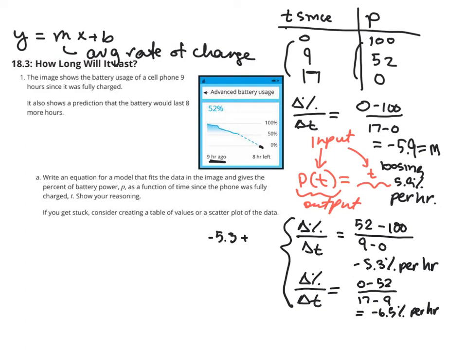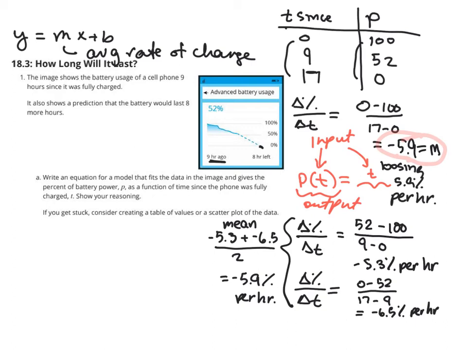So for negative 5.3 and negative 6.5, divide by 2. We're finding the mean or the average. And that gives me negative 5.9 per hour. Hey, that's what I got at the beginning, which is what I got way up here. Cool.